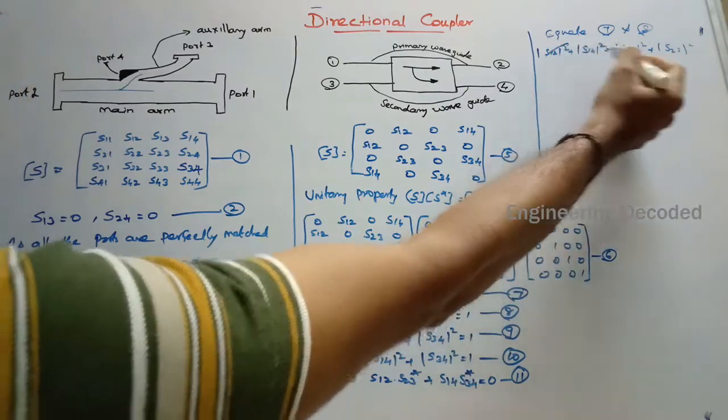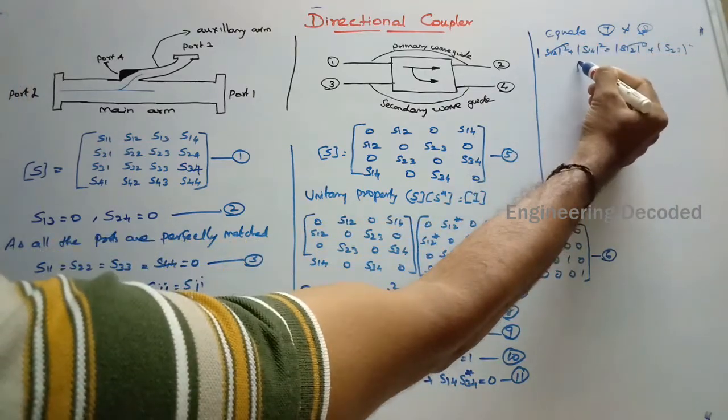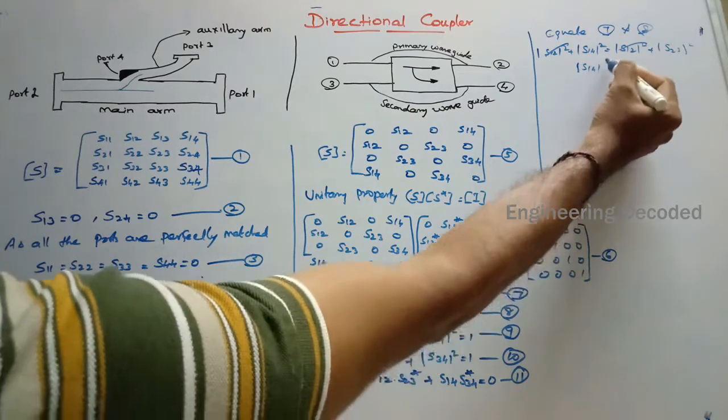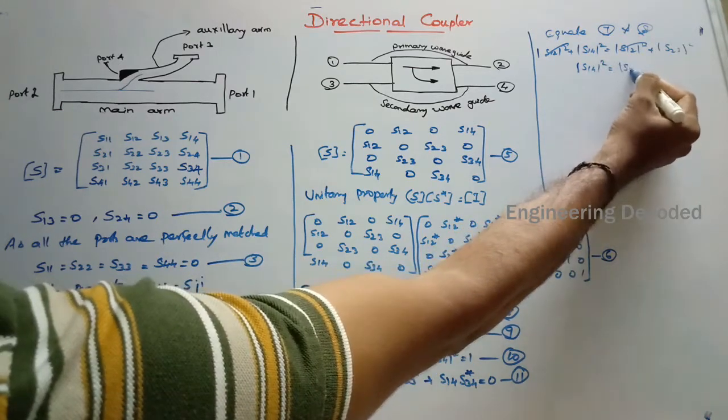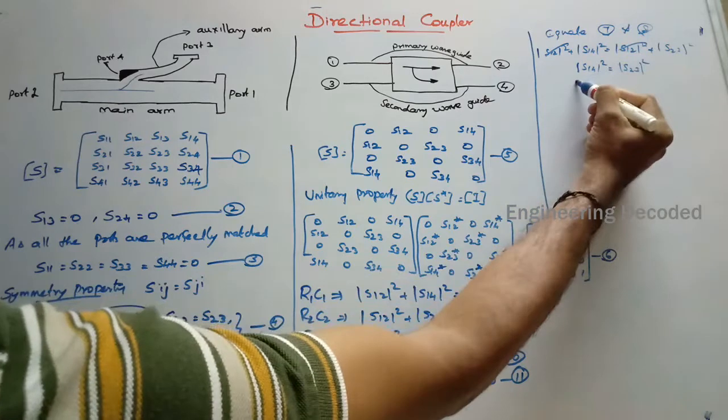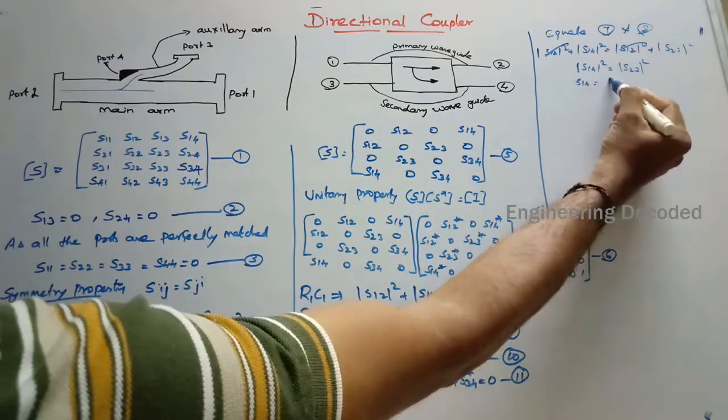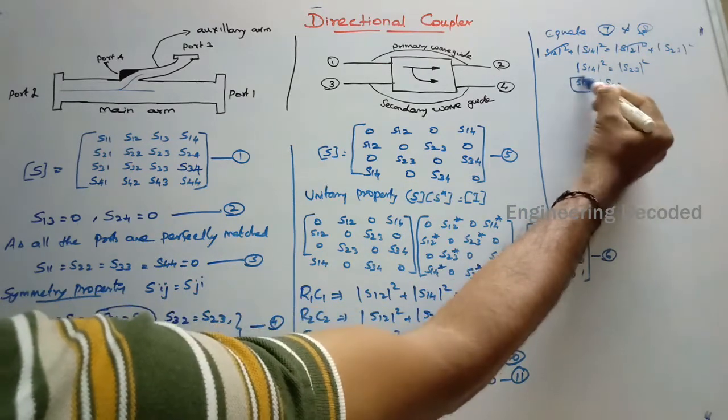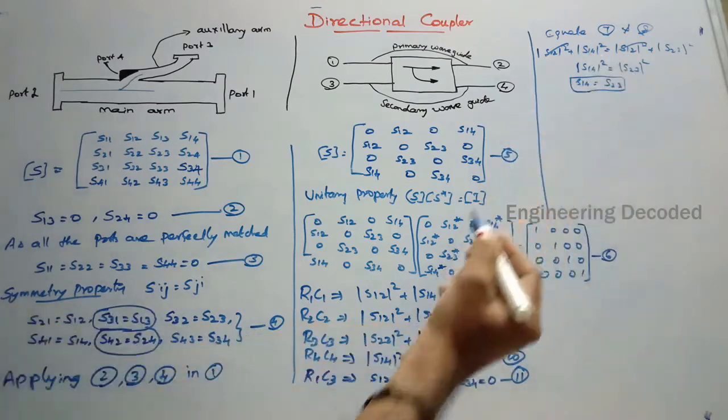Here you have S12 square on both sides, you can cancel it. So modulus of S14 square is equal to modulus of S23 square. From this you can write S14 is equal to S23. So we have got a relation.